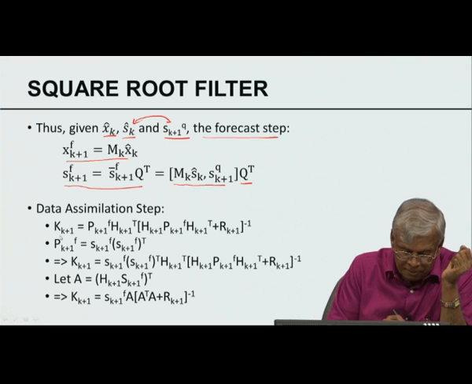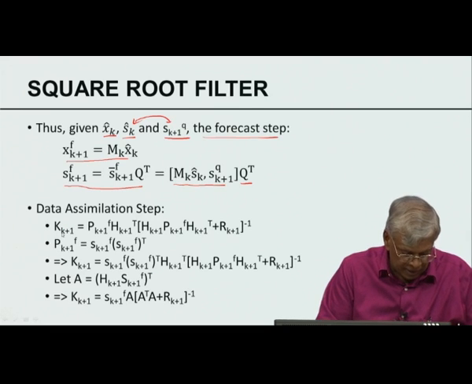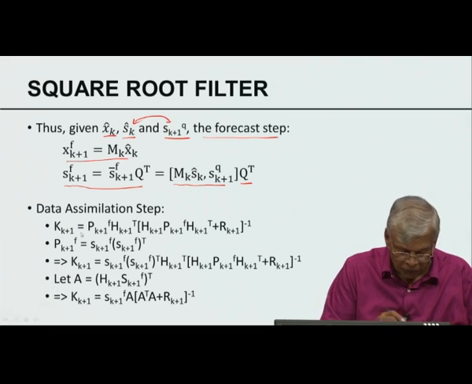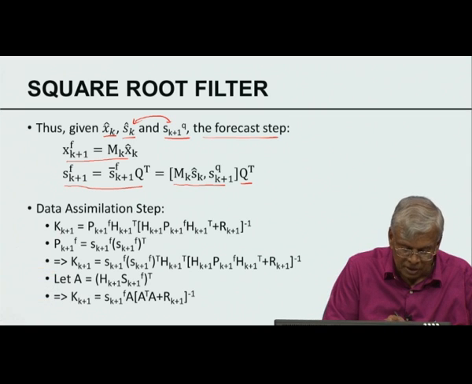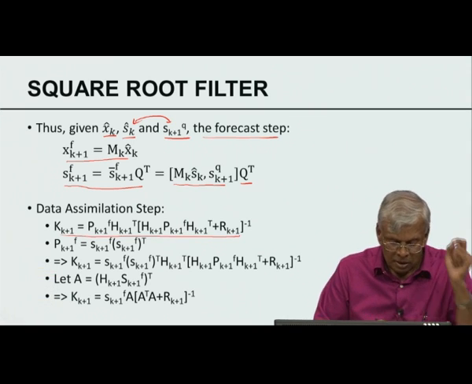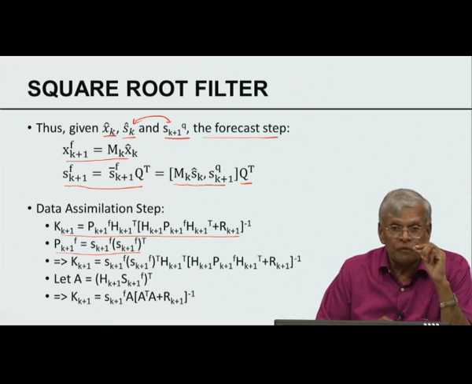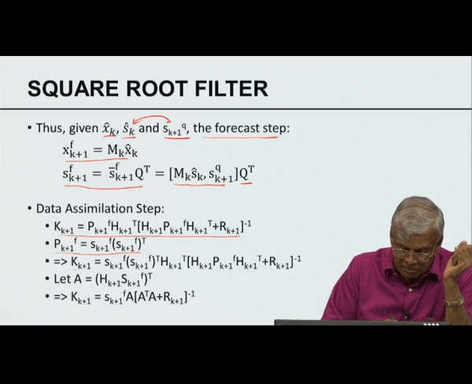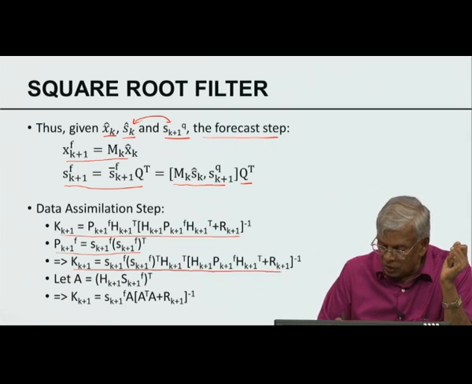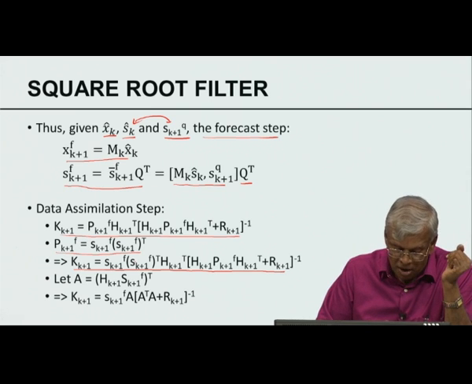The data assimilation step now consists of the Kalman gain. It is the forecast covariance. The Kalman gain can be written using the square root forms.